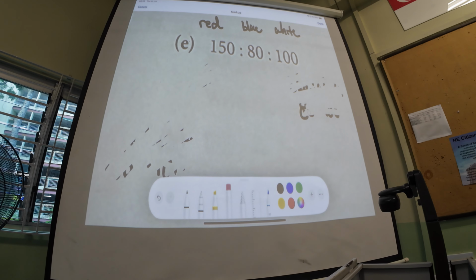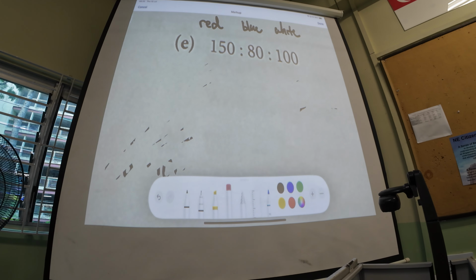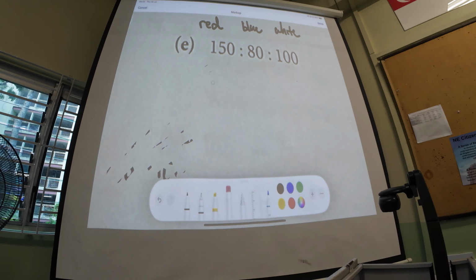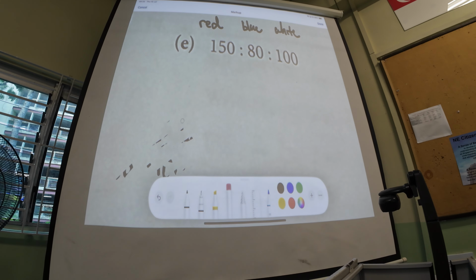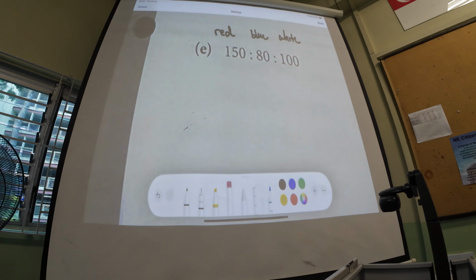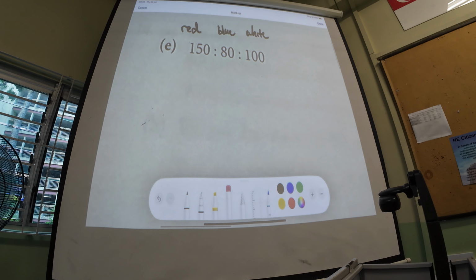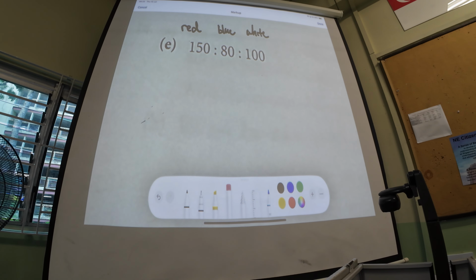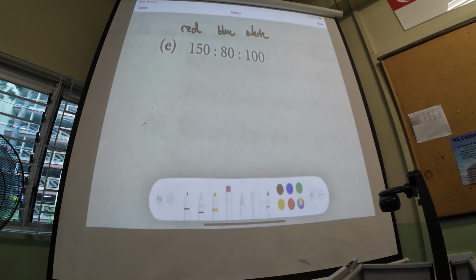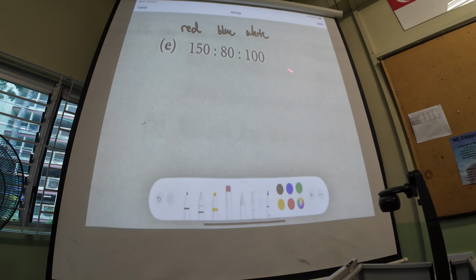Okay? So the simplifying part of it is still the same. Whenever we change one of them by multiplying or dividing, we have to change the others also. Which is why the earlier example, 5 is to 25, we divide both sides by 5. Then now we got three values, so we have to divide all of them together.